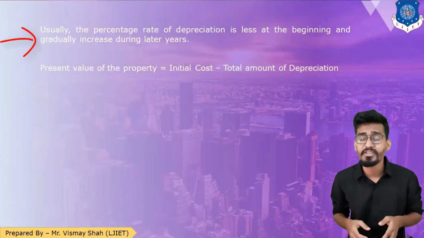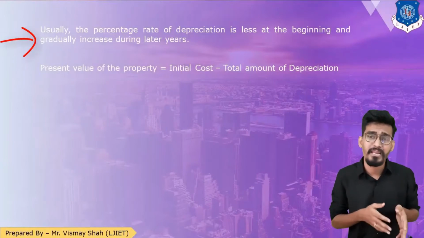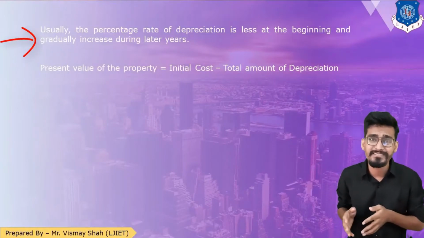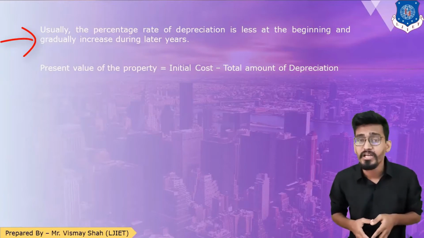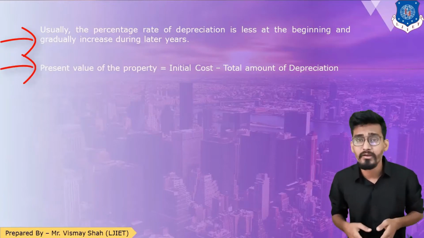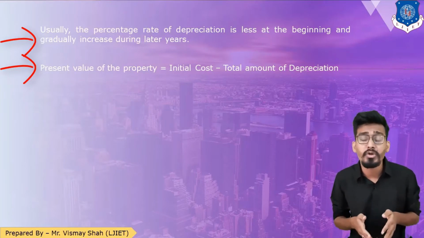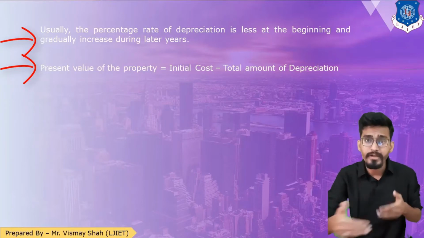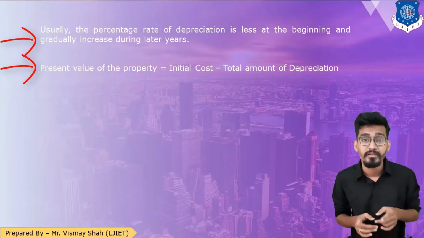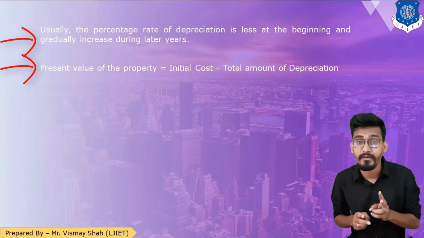Usually, the percentage rate is less at the beginning year, and it gradually increases in the later years of the property or the building. So the present value of the property becomes initial cost minus total amount of depreciation throughout its utility period. Yes, I am repeating these two points again.